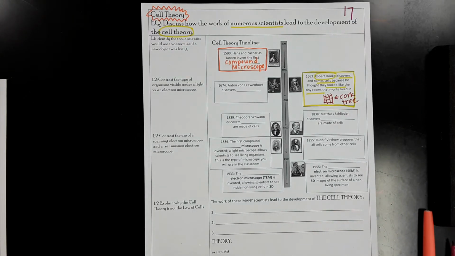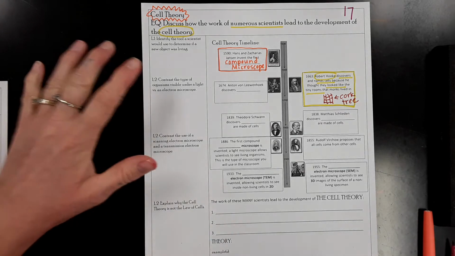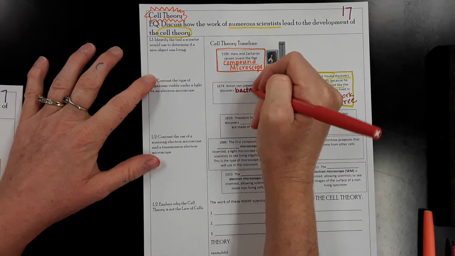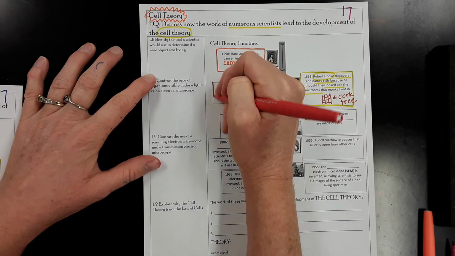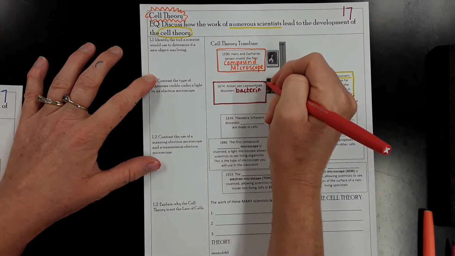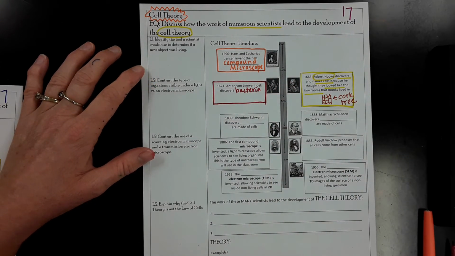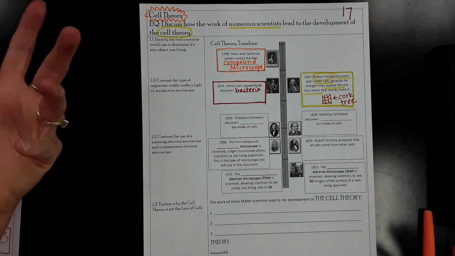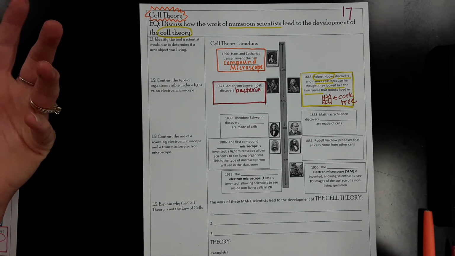All right, Anton von Leeuwenhoek was another scientist who was fascinated by the microscope, and what he discovered is bacteria. He was looking at his dental scrapings, and in them he noticed little tiny creatures, and he called them animalcules. And this is huge because, again, people don't know about bacteria. Now they know that there's microscopic living things out there.